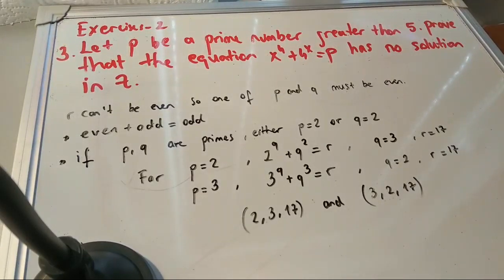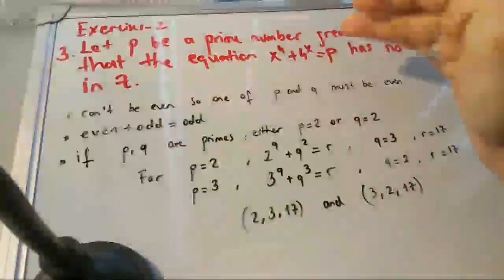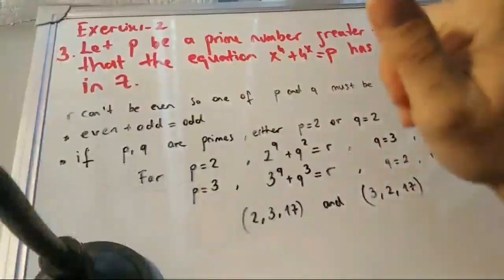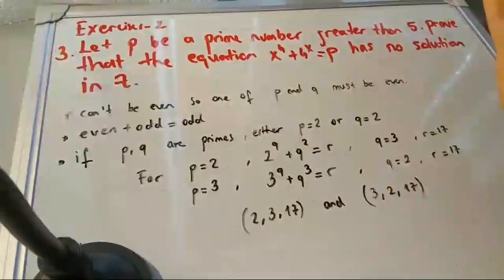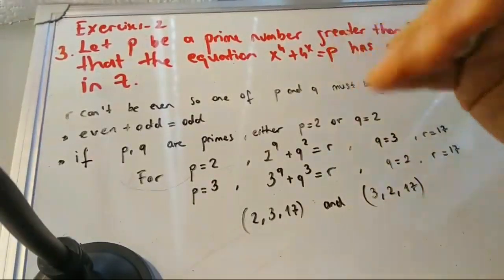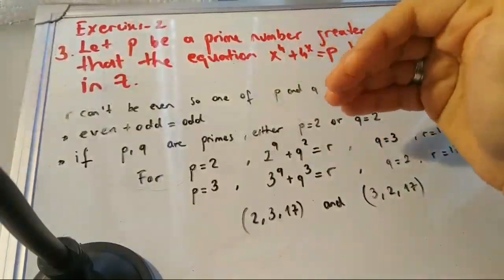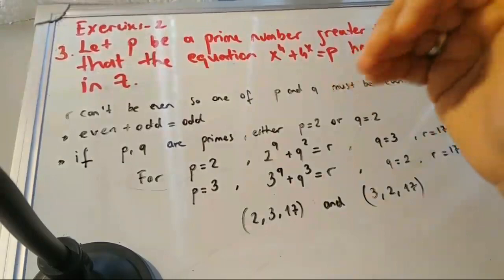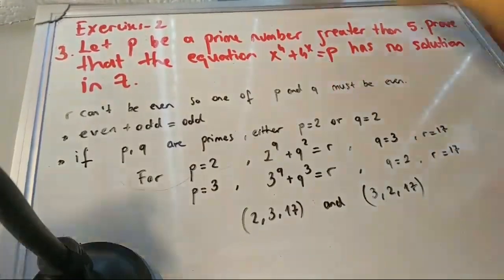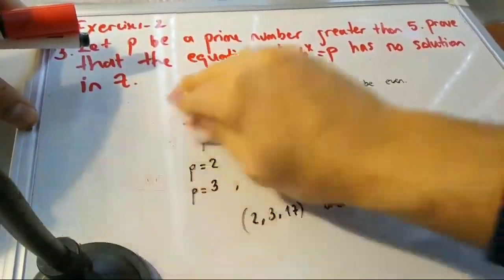So let me simplify it. X to the power of 4 plus 4 to the power of x is equal to p, and p is a prime number greater than 5. We have to find the value of x, but if p is a prime, in this expression there are no solutions in integer sets. Give a look at it.